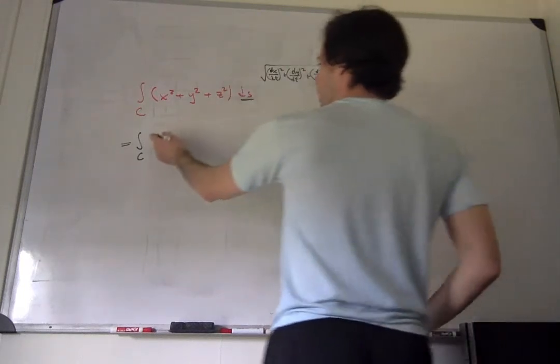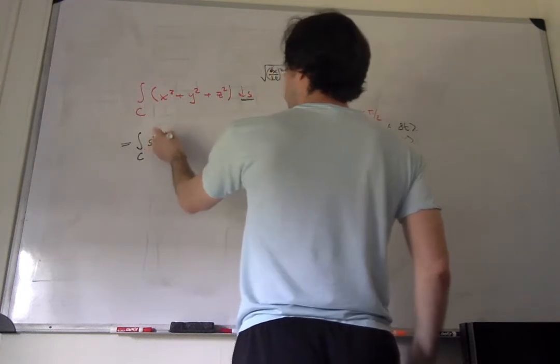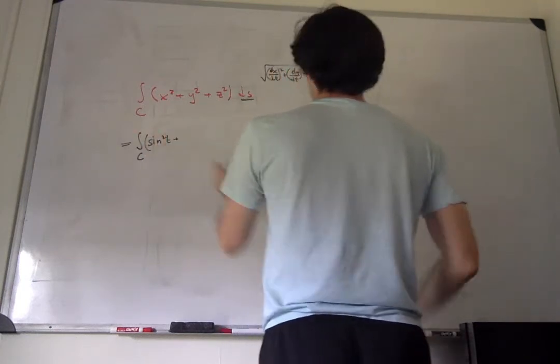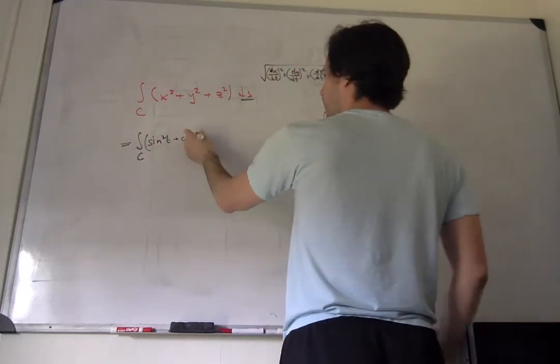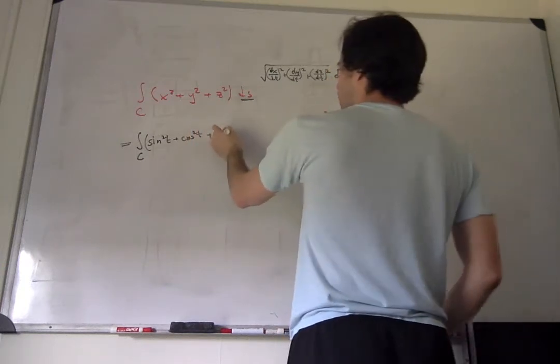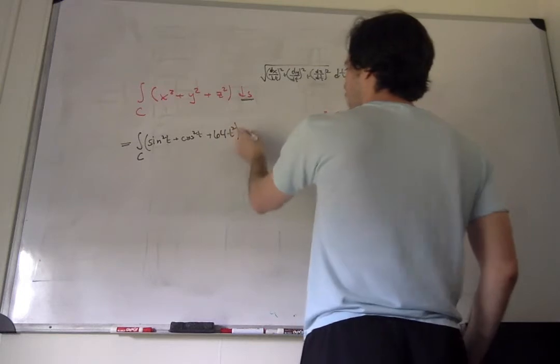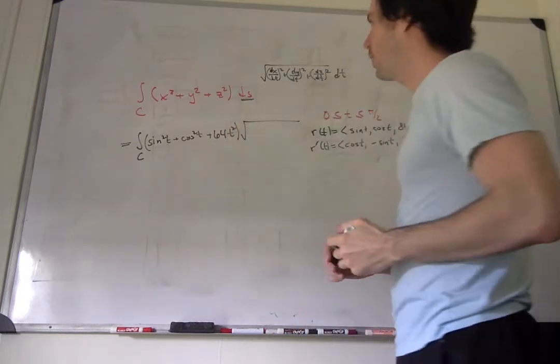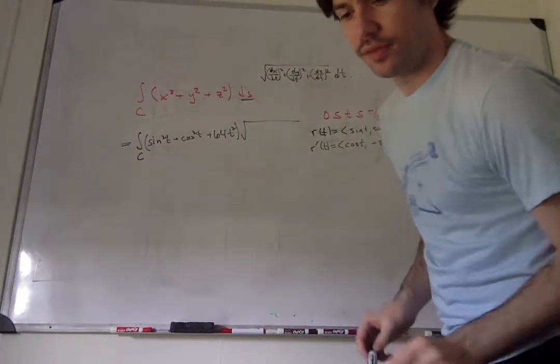So x squared gives us sine squared t, y squared gives us cosine squared t, plus z squared, which gives us 64t squared, and then we're going to use the derivatives.